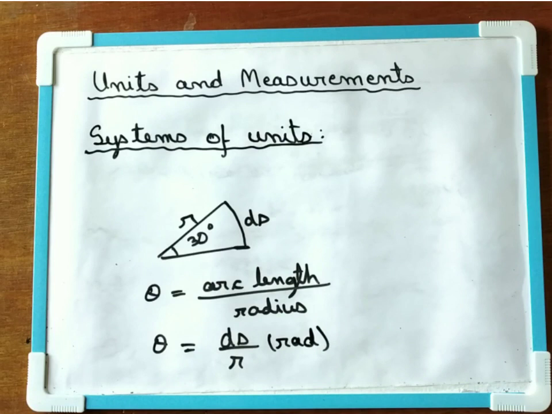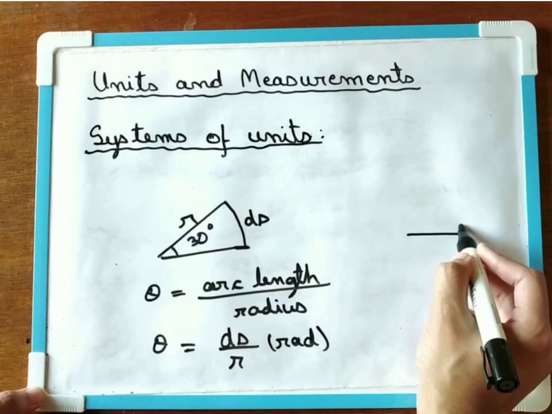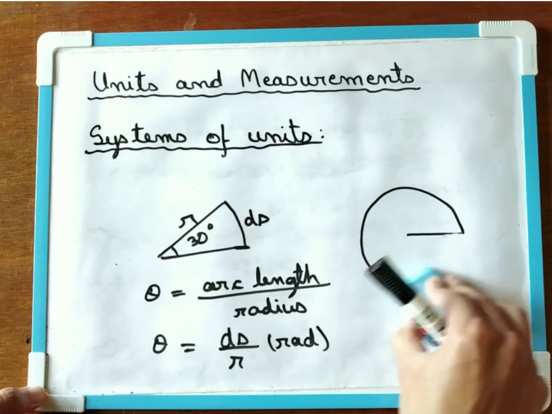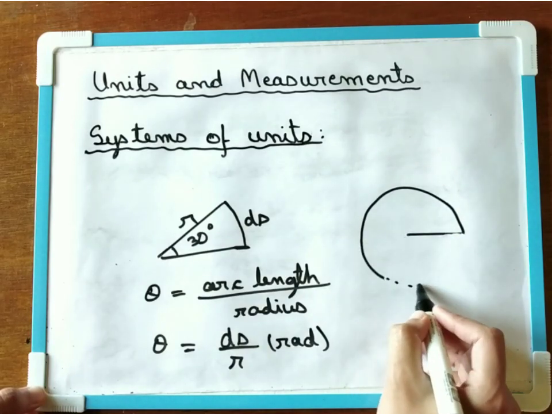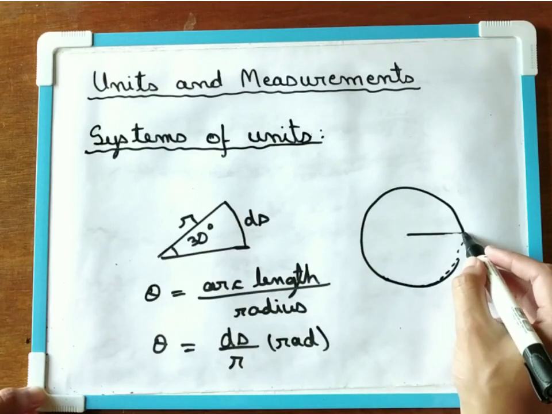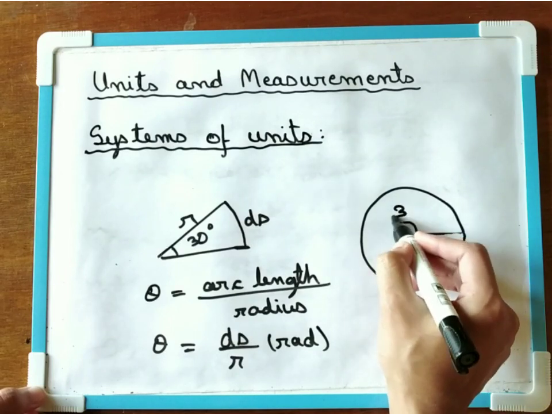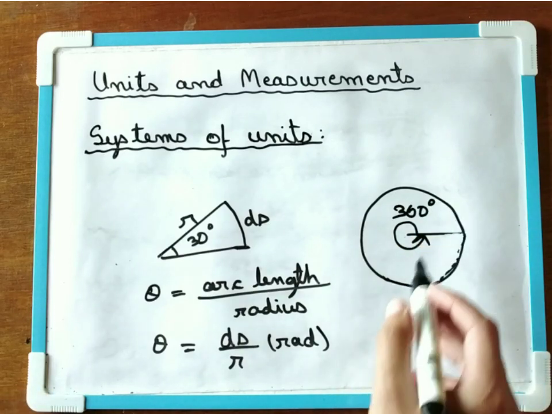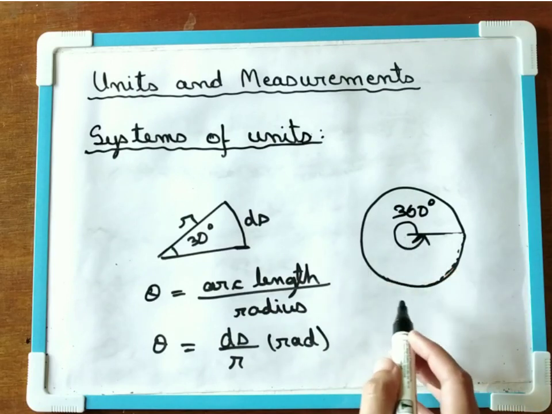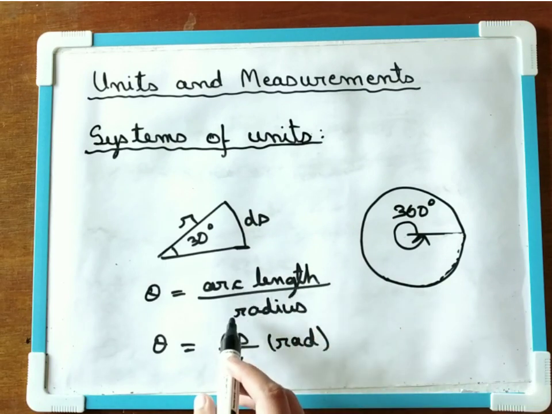Now for example, let's take 360 degree. This angle here is the angle 360 degree. Now in terms of radian, what will this angle be? We can use this formula, arc length divided by radius.